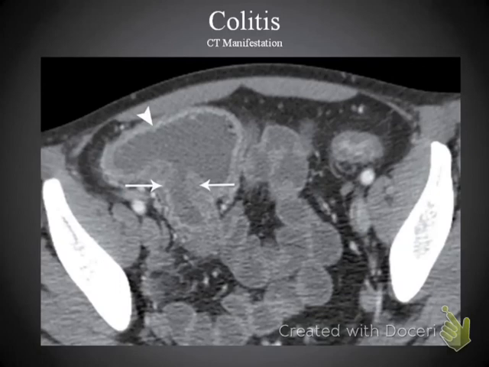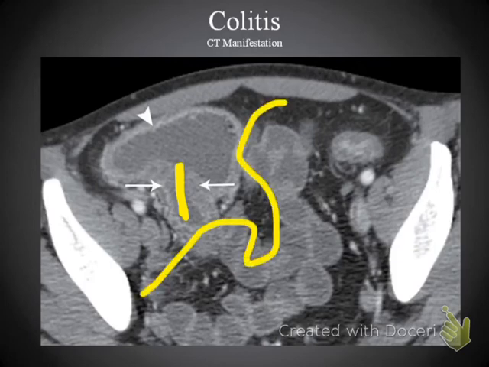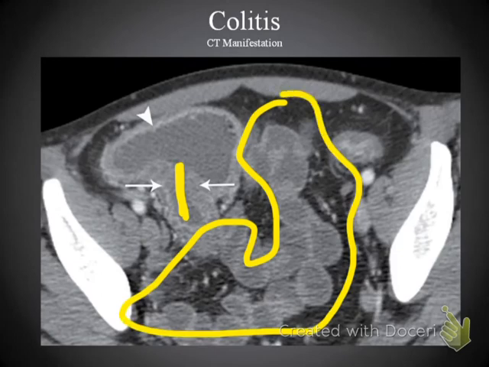So here we have a demonstration of colitis. We see that we have bowel wall thickening where the white arrows are. And then we do have some degree of narrowing here for the lumen. But also, if we look at the generalized area here, we see that we have IV contrast, and we do see that the bowel wall is slightly thickened. We do see dilation of the bowel, but we also see bowel wall thickening slightly.